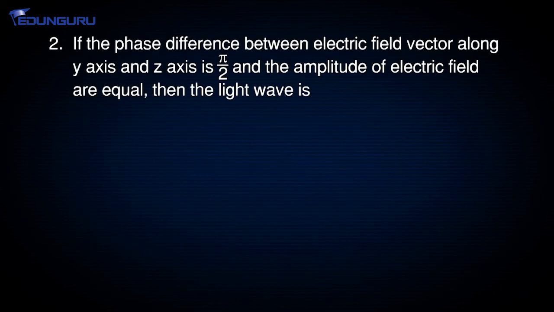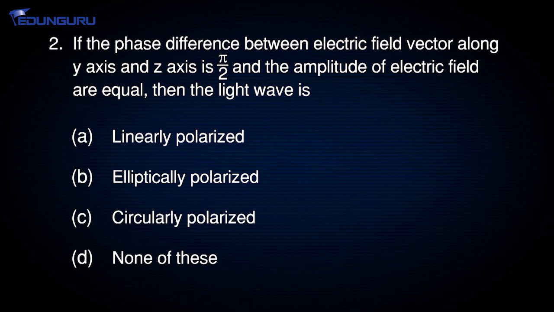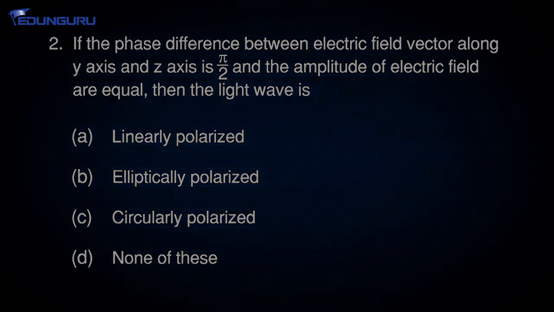Question number 2. If the phase difference between the electric field vector along the y-axis and along the z-axis is pi by 2 and the amplitudes of the electric fields are equal, then the light is: option A, linearly polarized; option B, elliptically polarized; option C, circularly polarized; option D, none of these. Question number 3.